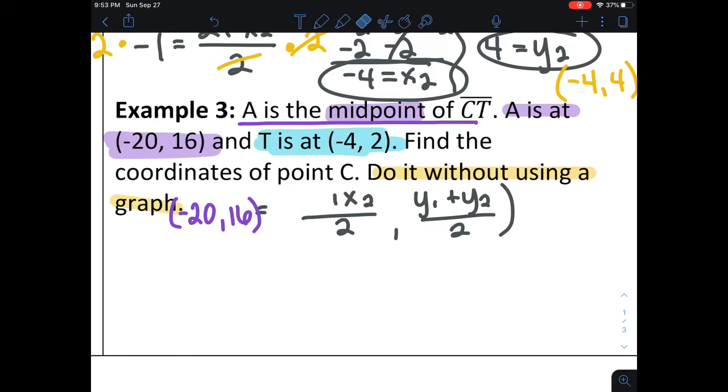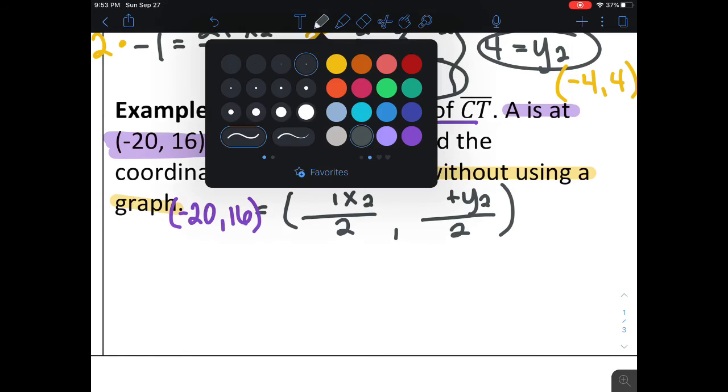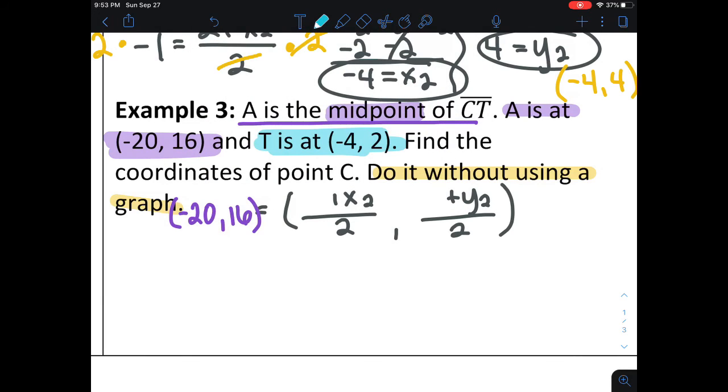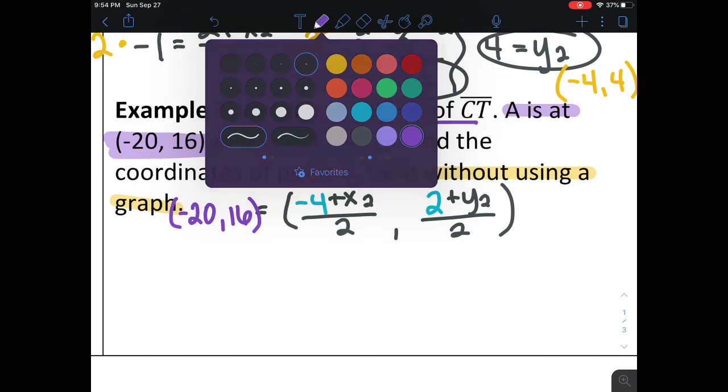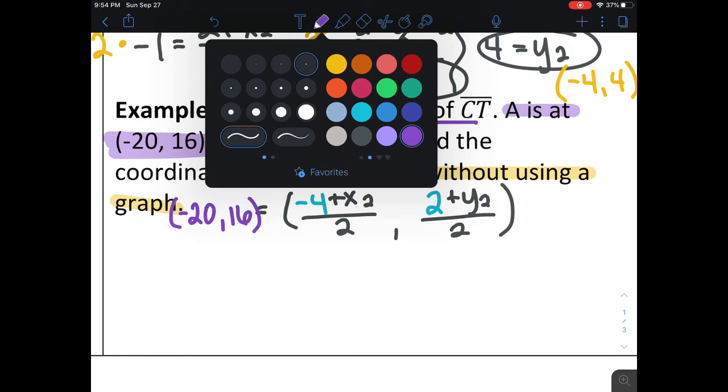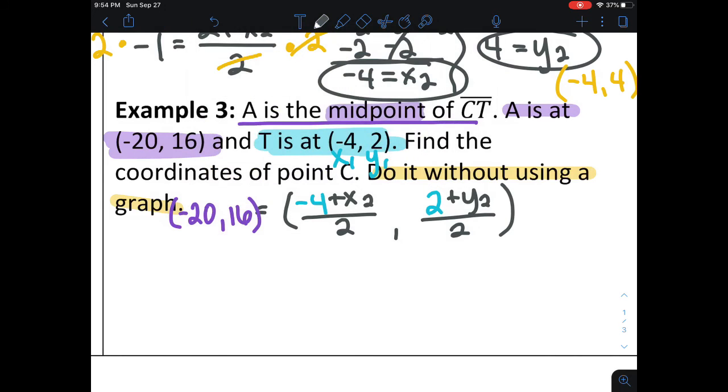I'm going to erase x1 and y1, and we're going to replace that with these up here. So that's going to be my negative 4, that's going to be my 2. I accidentally erased the other part of this plus sign. There we go. Like I said before, separate it into x's and y's.